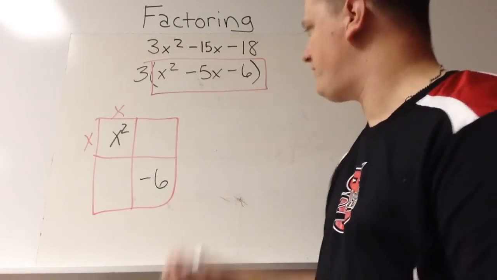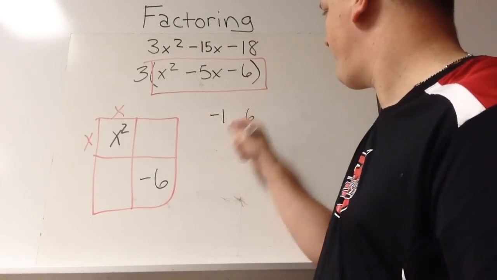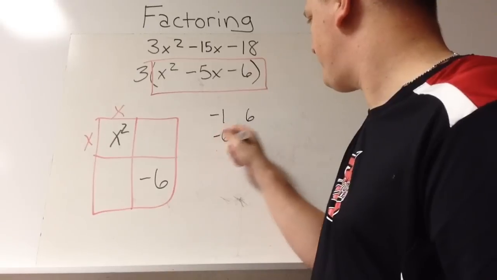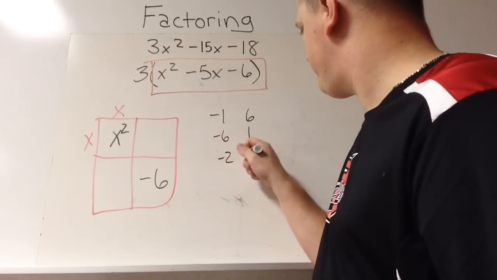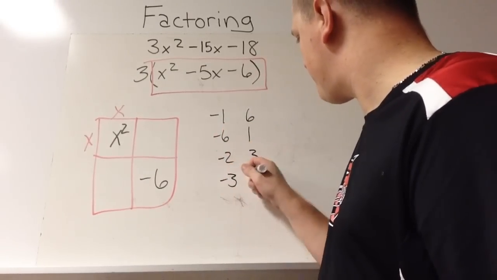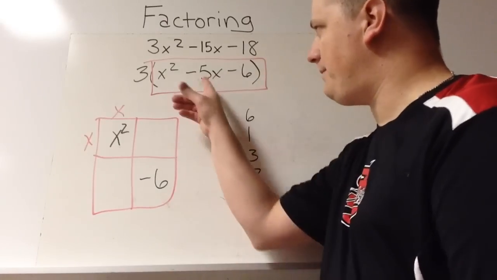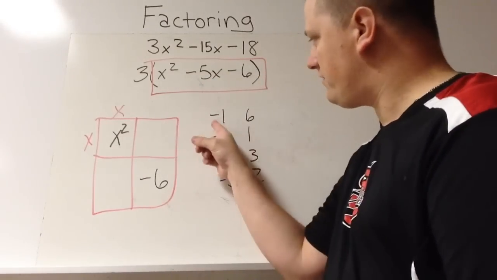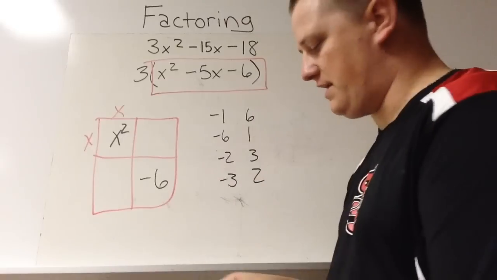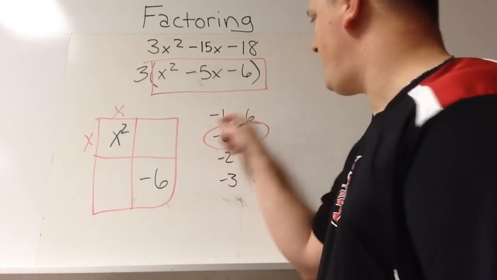Numbers that make negative 6. Okay, so we've got 4 options here. We need one that's going to add up to negative 5. This will give us positive 5. This will give us negative 5. So let's try that.